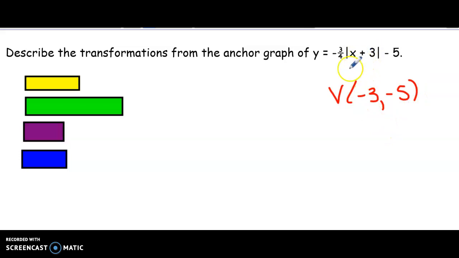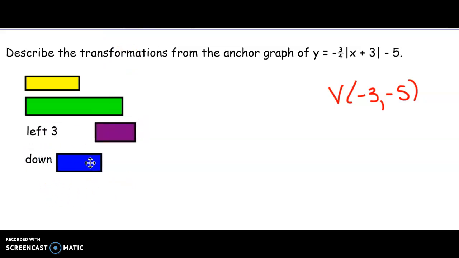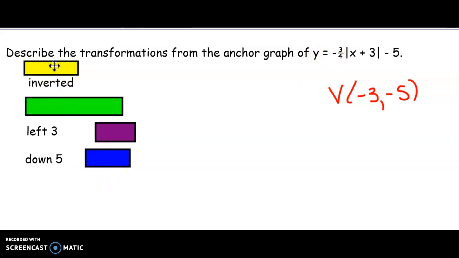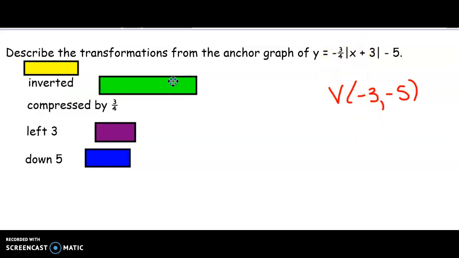So this means that I went left 3, means that I went down 5. This negative sign here means that it's inverted. And because this is a fraction between 0 and 1, that means that it's compressed by 3/4. So this is compressed by 3/4. So those are all the transformations.